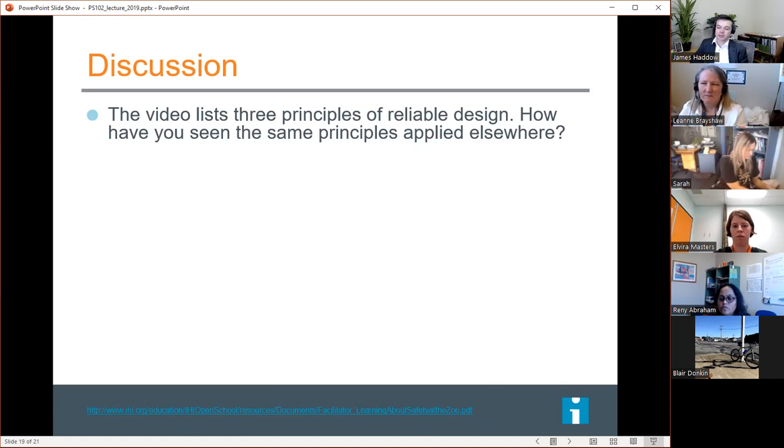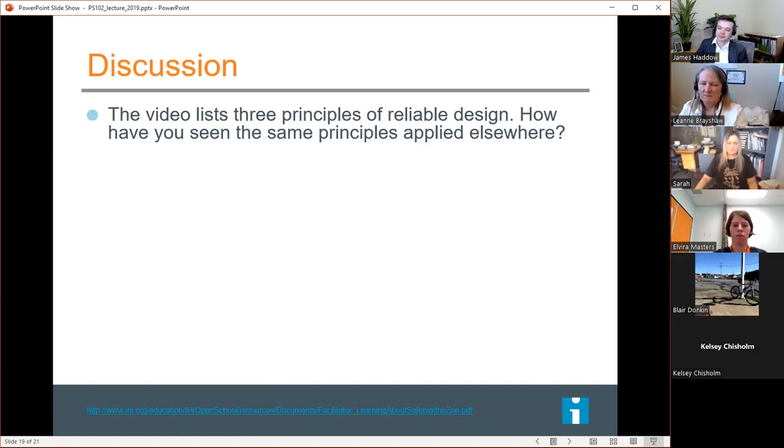So has anybody else seen some of these principles applied in their areas? In radiation oncology, we have an actual radiation safety plan written out that covers a lot of these items, everything from our building design, signage and warning lights, all the way through incident reporting and review. Yeah, great, thank you.